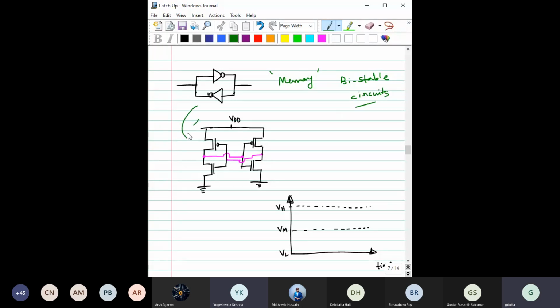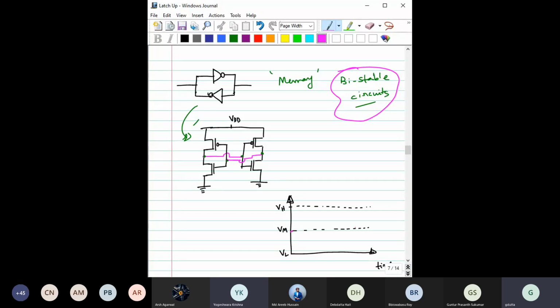Now, if you think from the transistor implementation point of view, then the circuit is basically like this. This output acts as an input to this, and this output is acting as an input to this. Again, to focus on this bistability principle, suppose you have given some voltage Vm and due to noise there is some perturbation.